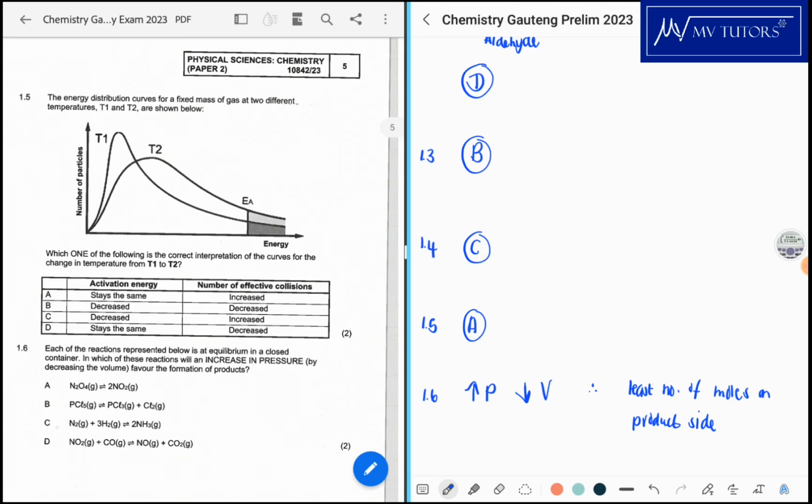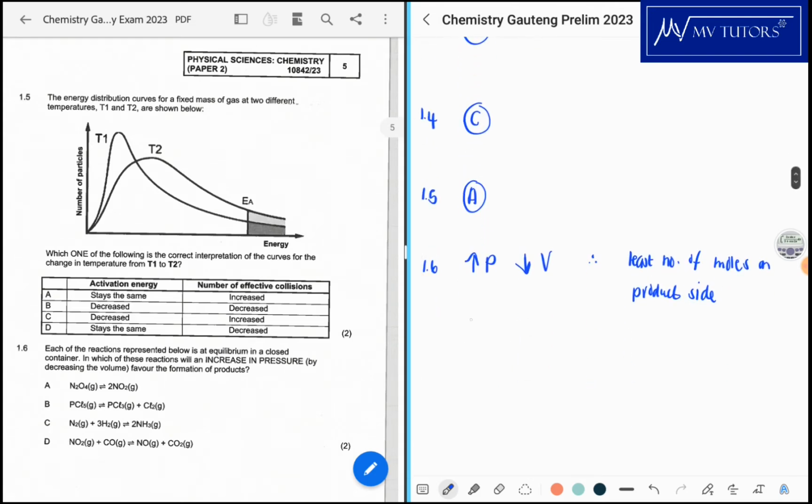And then C, excuse the external noise, C, we have more moles on the reactant side, so meaning products are favored. Okay, so C is an option. And then D, we have an equal number of moles, so we don't entertain that at all. So C is the one that we're going with for 1.6.